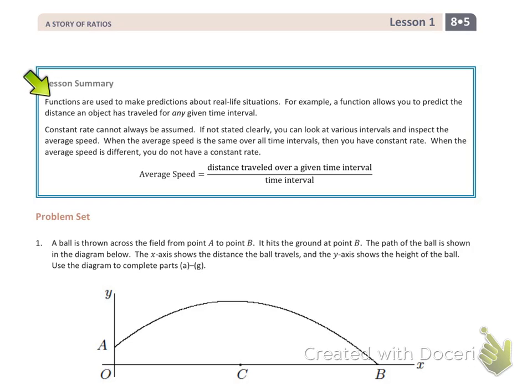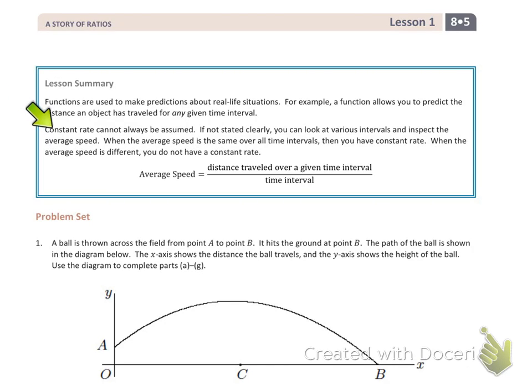We used actual data of falling objects. So they're used to make predictions in real life situations, and a function will allow us to predict the distance an object has traveled for any given time interval. That's just one example of a function. There are many, many different kinds of functions.